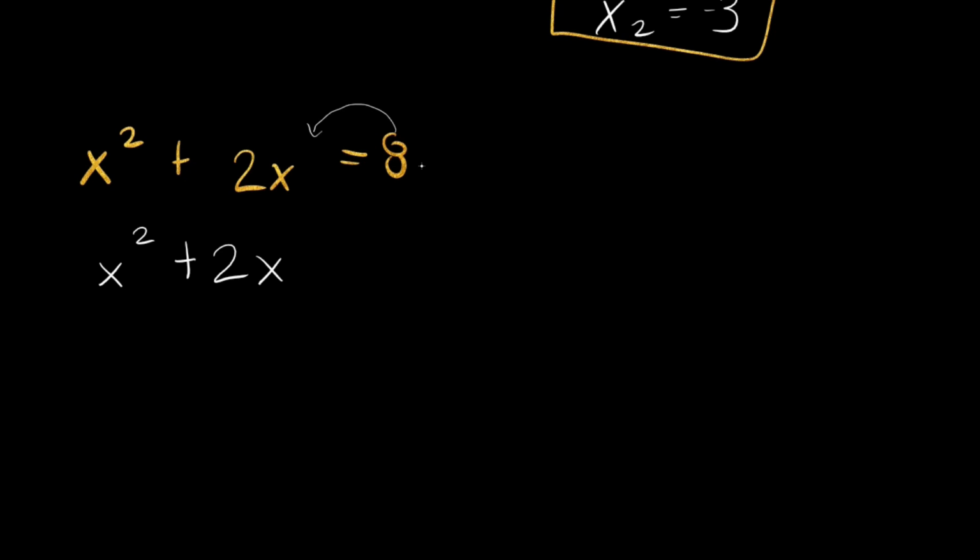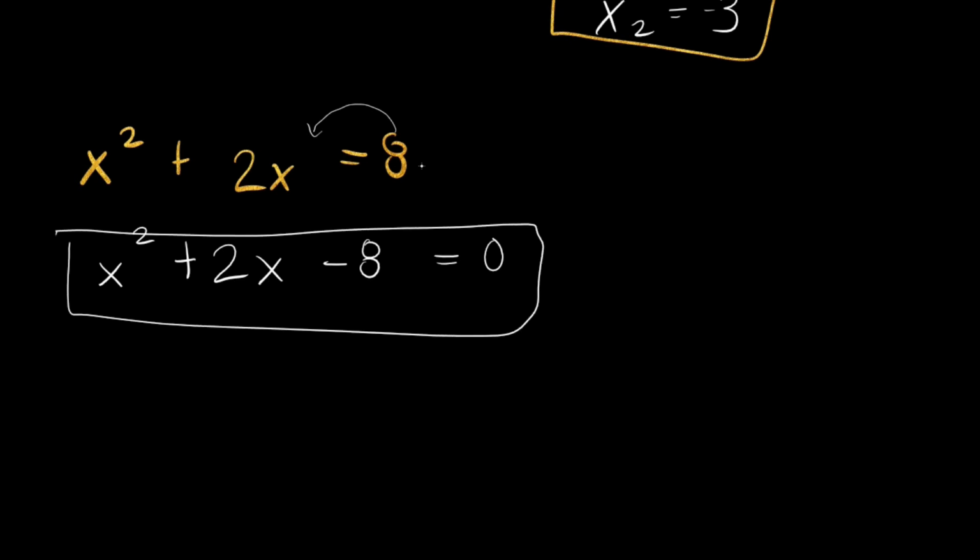Siyempre, dahil positive si 8 dito, pag nilipat mo siya sa kabila, magiging negative na siya. And this will be equal to 0. So, yan ay nasolve na natin kanina. Pero kapag may mga ganyang given, ilipat mo lang yung value sa kabilang side. Tapos, you can solve it using quadratic equation or yung quadratic formula, or you can also use factoring or completing the square. At tapos, yung pang-check mo ay calculator.